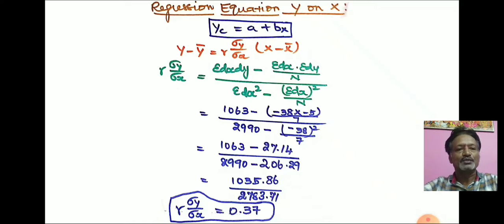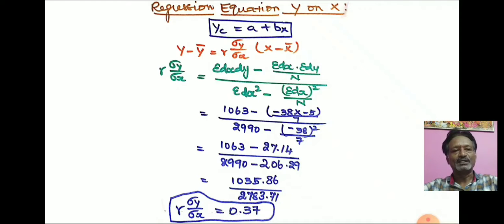Now we have to substitute these values in the formula, that is 1063 minus 38 into minus 5 divided by 7, the whole divided by 2990 minus 38 the whole power 2 by 7.